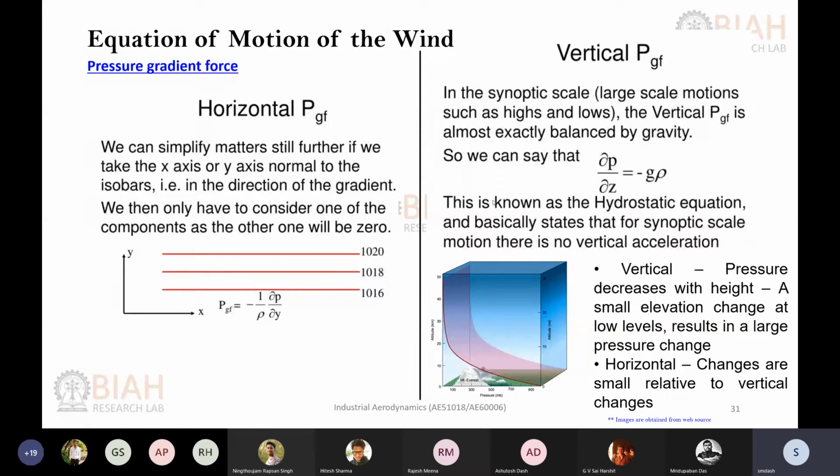This is the difference when we consider the effect of pressure gradients in deriving the equation of motion of the wind, the equation we just saw previously. You need to bear this magnitude in mind, as we will be doing order of magnitude analysis subsequently. The magnitude of the vertical pressure gradient force will be larger than the horizontal pressure gradient.